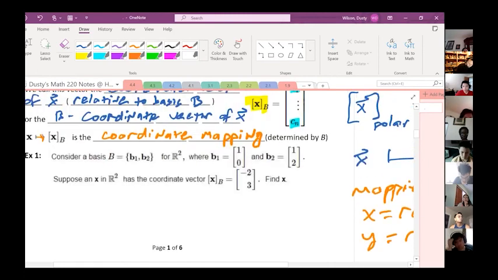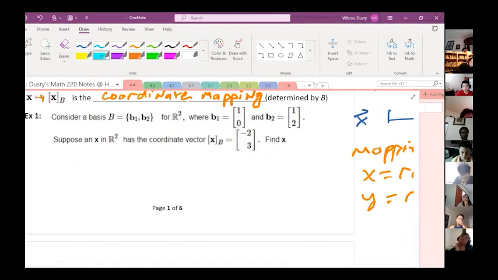Let me look up so I can figure out my colors. So these are my weights, if you will.